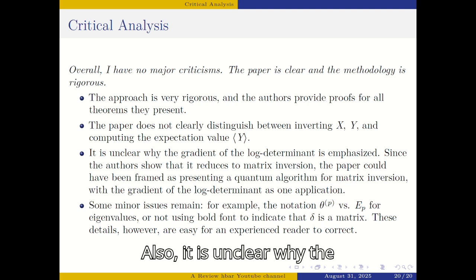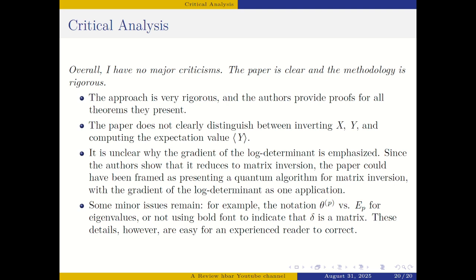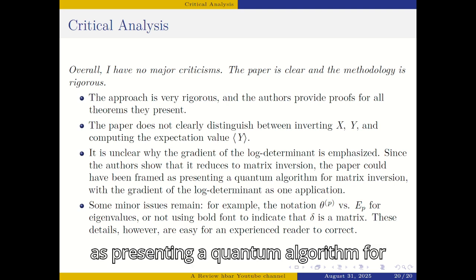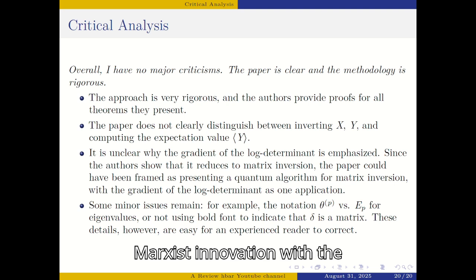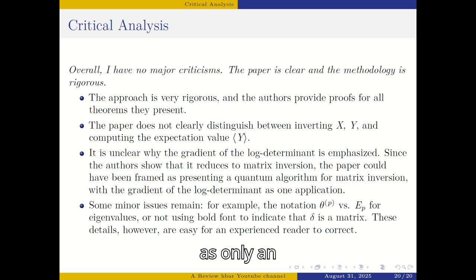Also, it is unclear why the gradient of the logarithm determinant is emphasized, since the author showed that it's reduced to matrix inversions. The paper could have been framed as presenting a quantum algorithm for matrix inversion, with the gradient of the logarithm determinant as only an application.